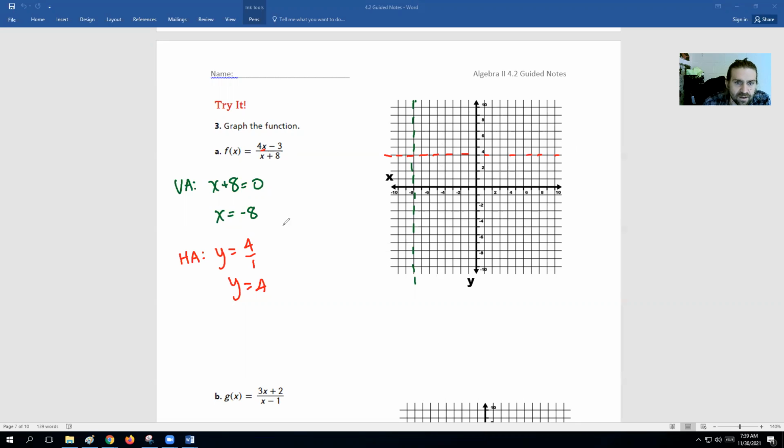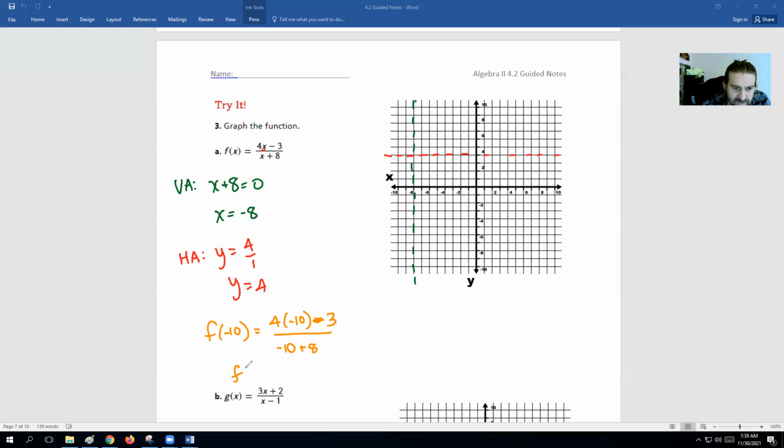All right, so I'm going to pick a number to the left of -8. I'll pick -10 because that's nice to do. So if I was going to find f of -10, I'm going to do 4 times -10 minus 3 over -10 plus 8.